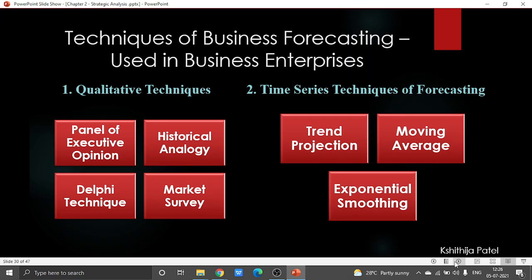It assumes that the future shall remain as it used to be in the past. Hence, all the past trends shall be plotted on a graph or chart to show how the curve is moving.